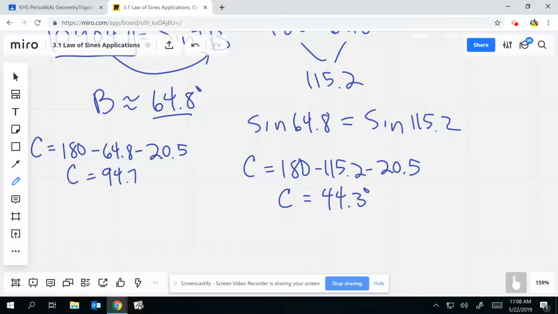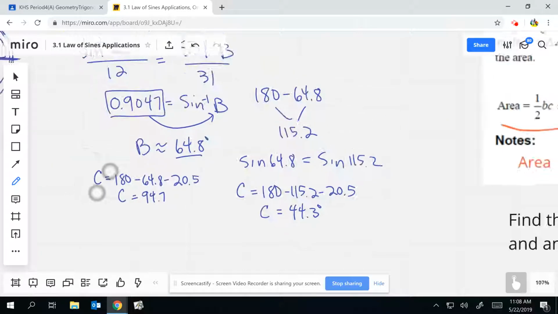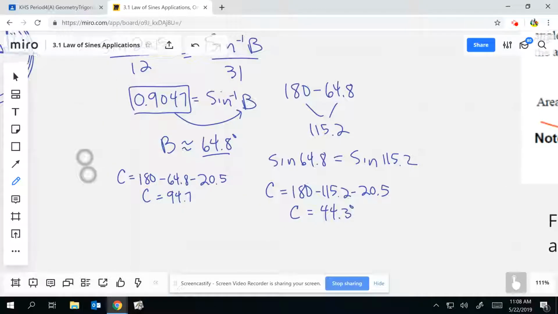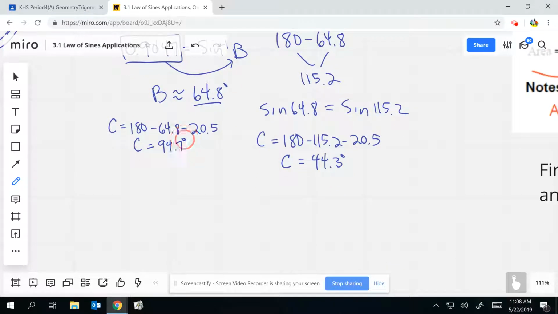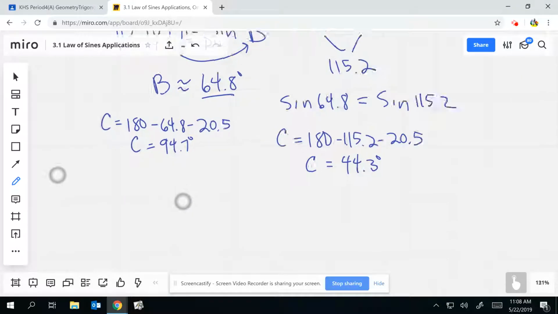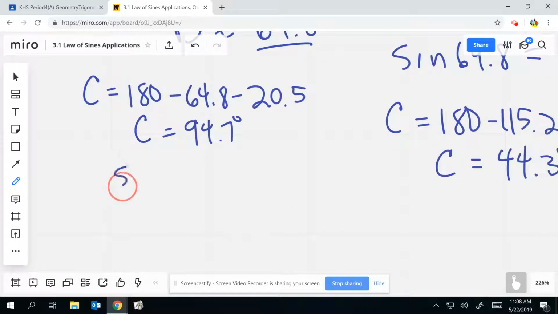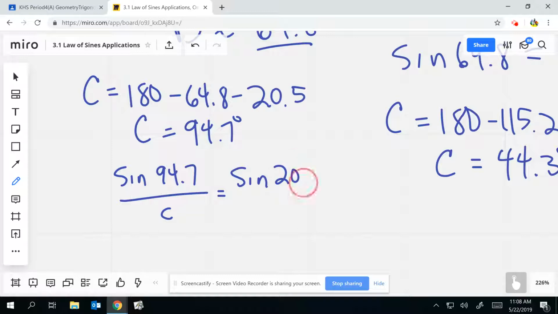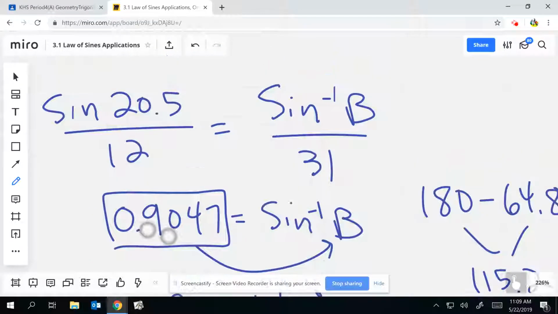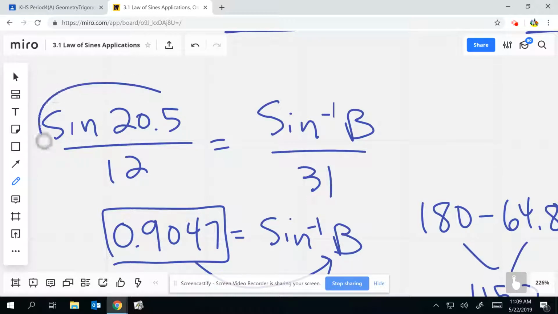degrees for your C. And then you can take both of those and you can find little c now. Now that you've got big C angle, so sine of 94.7, you want to find little c. They gave us angle A of 20.5, and they gave us little a, which was 12. So this first fraction is what I'm using right there.